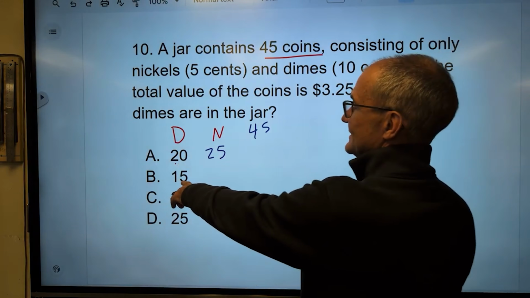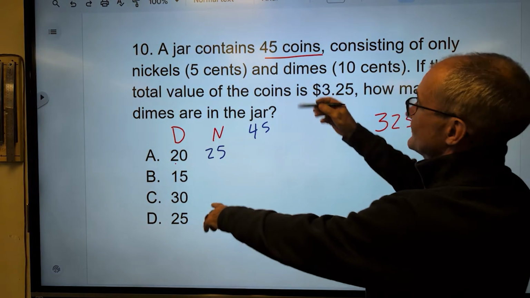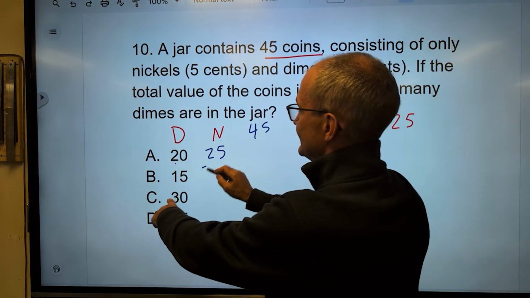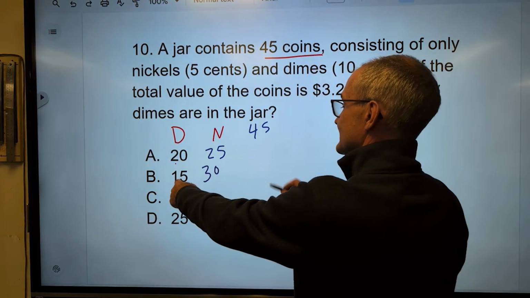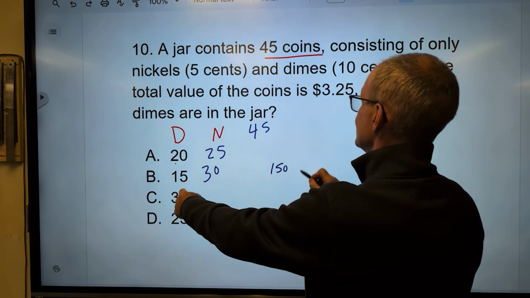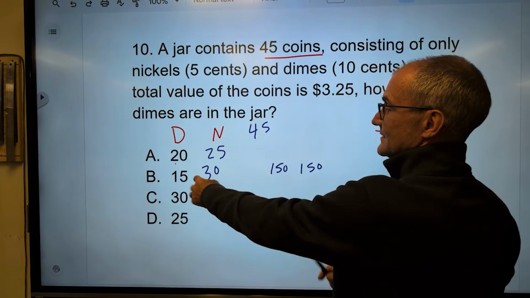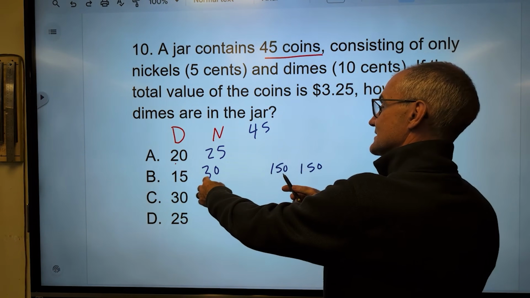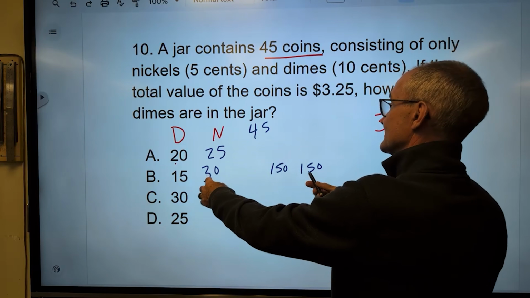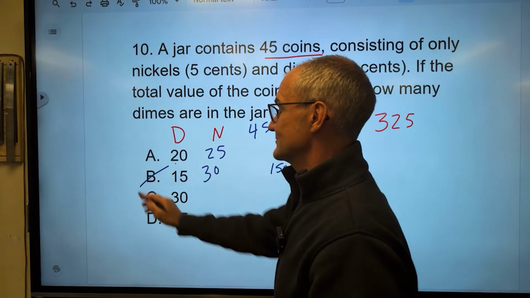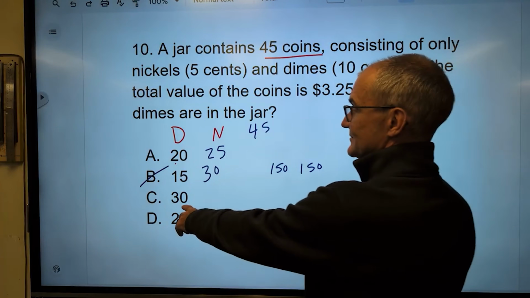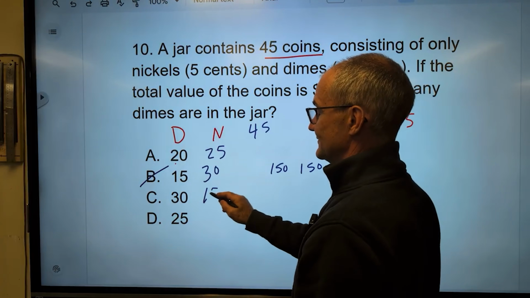If this were 15 and I need a total of 45 coins, this would be 30. This would be 150, right? 15 times 10 cents. Nickels, 30 times 5 is not that, so that one doesn't work. This would be 30 to get to 45. This would be 15.